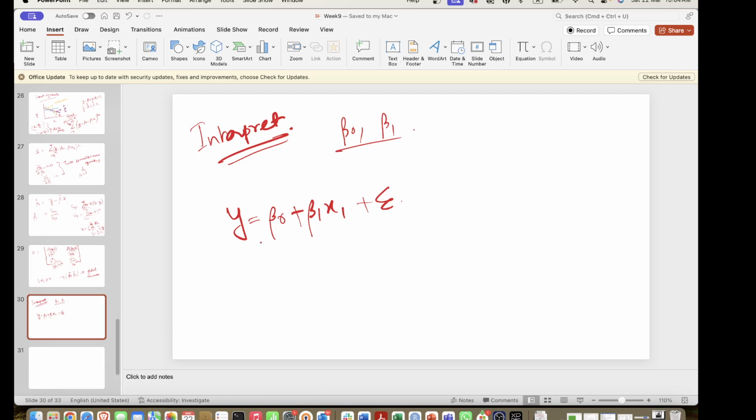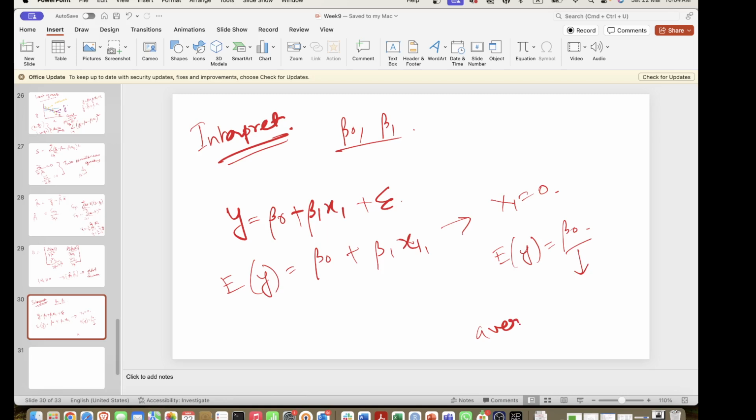Now if I make the assumption, the expectation of y should be beta naught plus beta 1 x1. Mind you, x is a non-stochastic term, a constant, so the expectation of x1 doesn't really matter. If this is the fitted model and x1 equals 0, we will have expectation of y equal to beta naught. So what does beta naught actually mean? Beta naught means the average value of y when x equals 0.